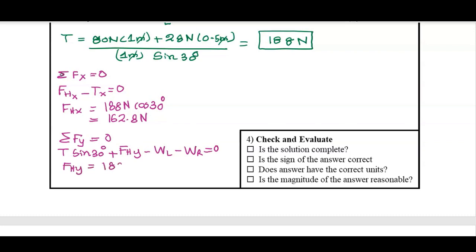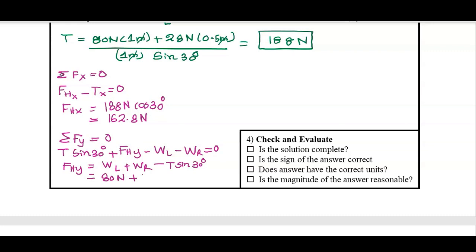So let's see. 188 newtons is the tension. The weight of the load plus the weight of the rod minus T sine 30 is equal to the y component of the hinge force.